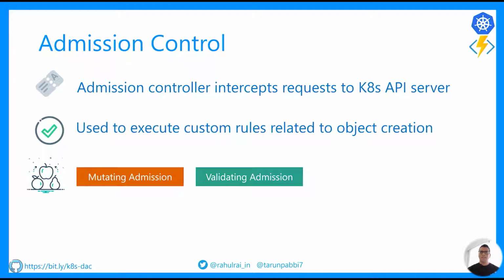Let's now discuss validating admission webhooks, which are what we are going to focus on today. After the mutation phase of admission, requests go to the validation phase. The Kubernetes API server selects all the matching validating admission webhooks and invokes them in parallel. If any webhook rejects, the request fails.